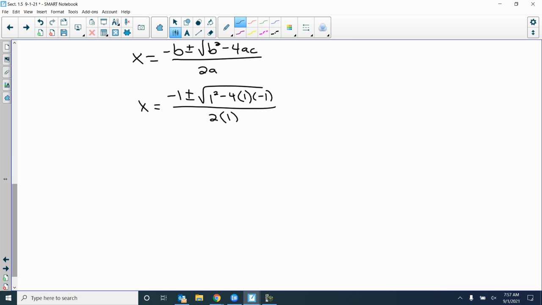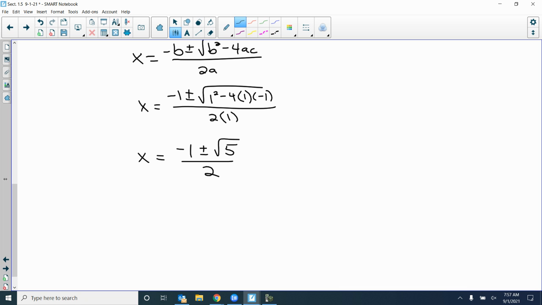What do I end up with in the radical? Plus 5, right? Square root of 5. That's my discriminant. Negative 1 plus or minus square root of 5 over 2.